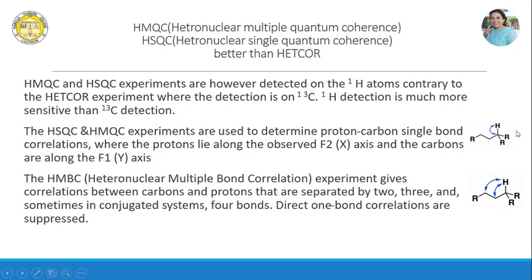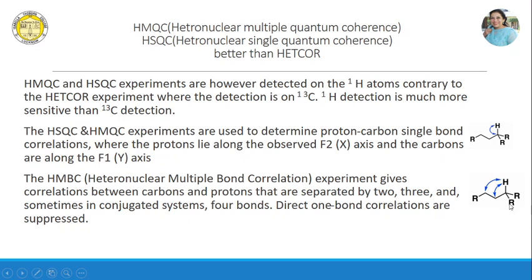So this is the information which you get from HSQC, HMQC and Hetcor, that is carbon hydrogen one bond coupling, 1J coupling. Then there is something with the name HMBC, heteronuclear multiple bond correlation experiments. It gives correlations between carbons and protons that are separated by 2, 3 and sometimes in conjugated systems 4 bonds. Direct one bond correlations are suppressed.